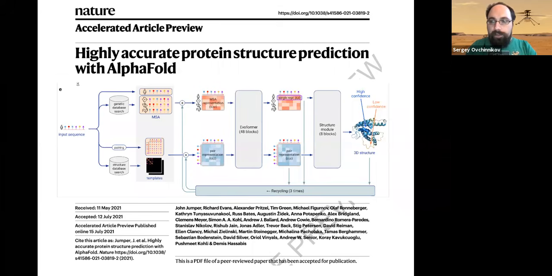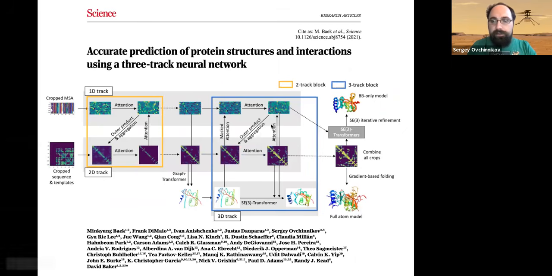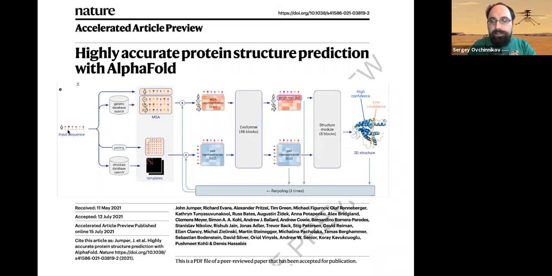And one thing about both of these papers, if you stare at these diagrams, which I won't go into too much detail, is that they both have an input multiple sequence alignment. You have some sequence, you search, you get a multiple sequence alignment, and you go through some kind of architecture and you output a structure. There's a lot of details in here, and so for today, I was thinking just giving a big overview.